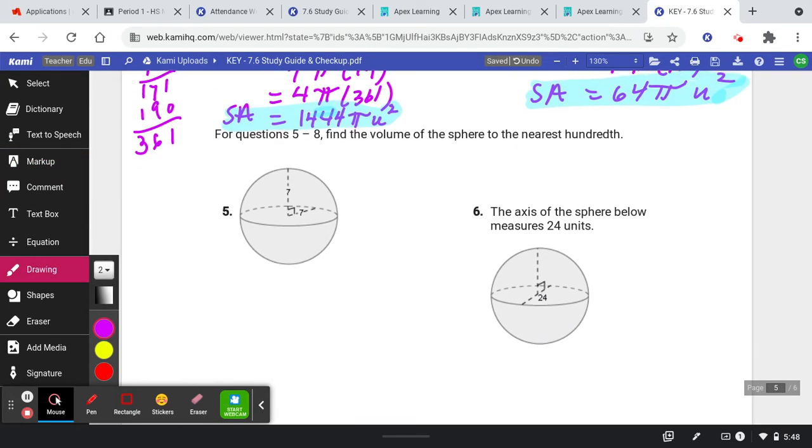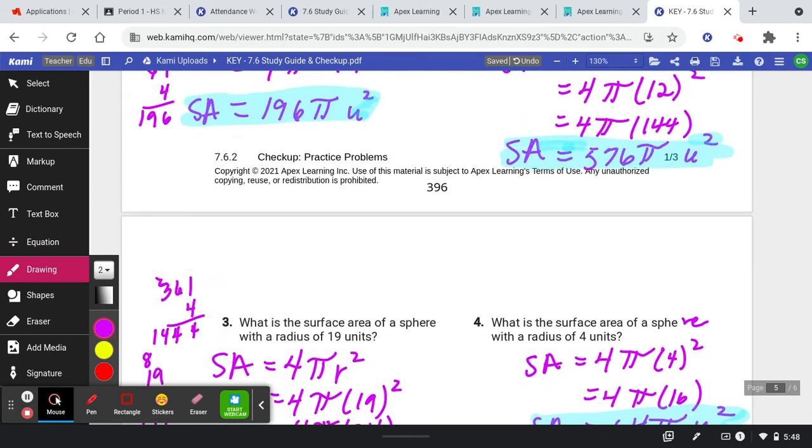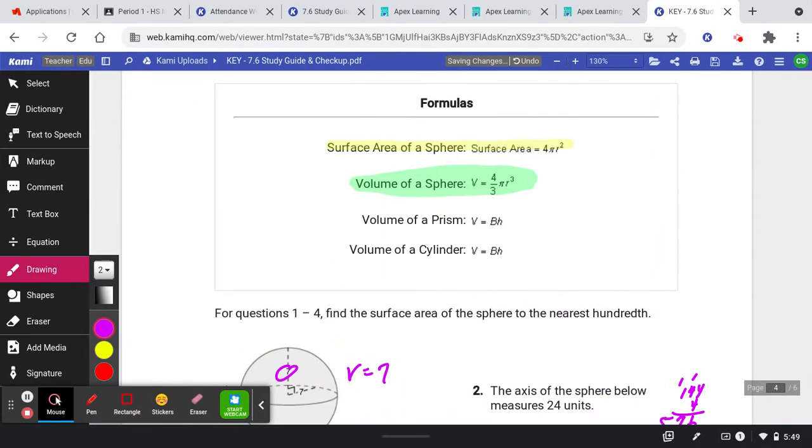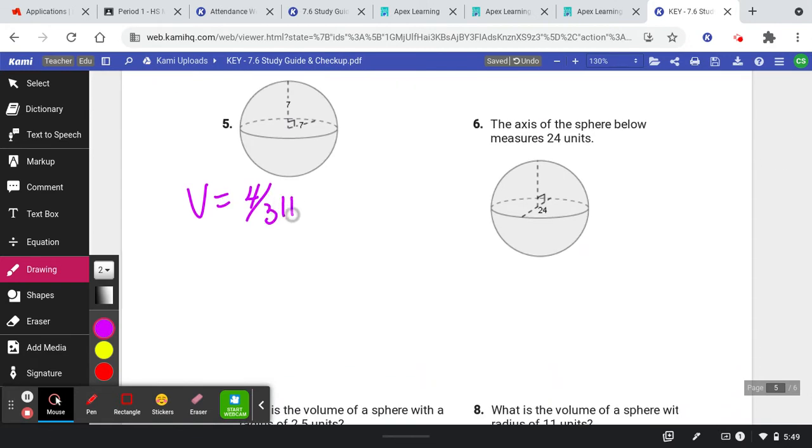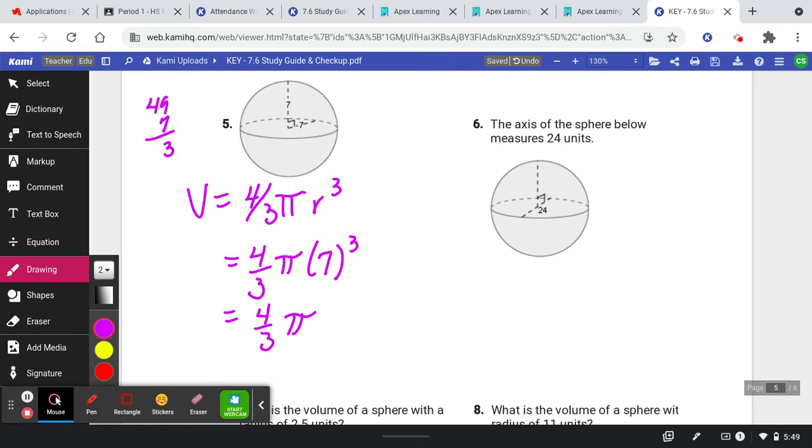Okay, volume of a sphere. You go back up and look at that formula, 4/3. Look right here. 4/3 pi r cubed, because it's a cubic answer. Seven times 7 is 49, but 49 times 7 is 343.